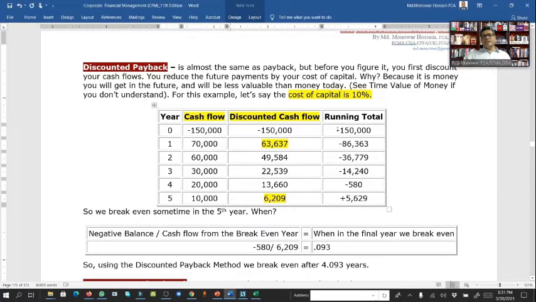So here it is the minus figure in year 0. We invested 1,50,000. In the first year, the discounted cash flow is 63,637. If we adjust with this one, we still require 86,000 for payback. In year 2, if we add this one, we still require 36,000.